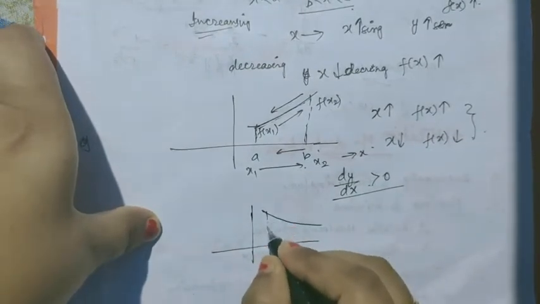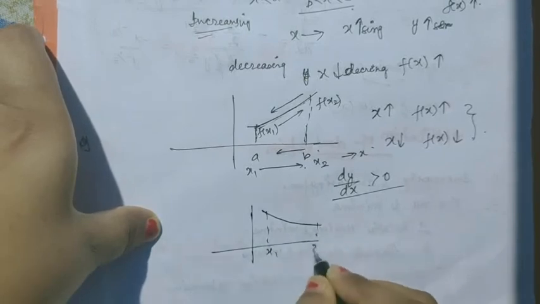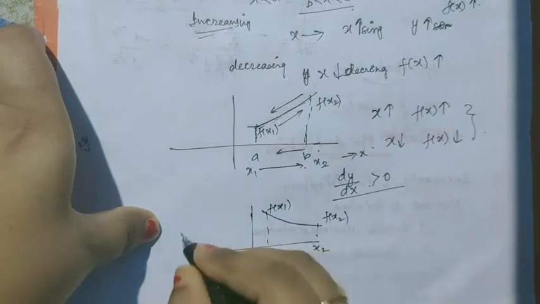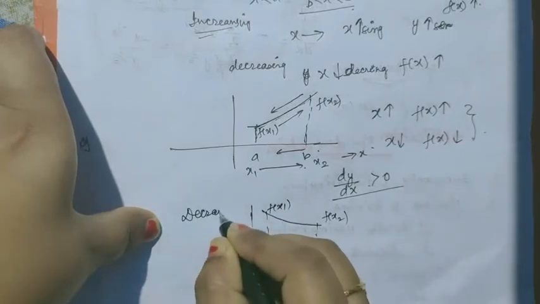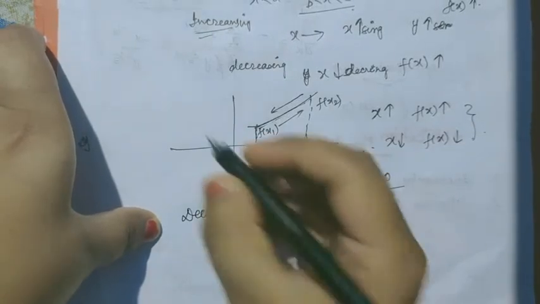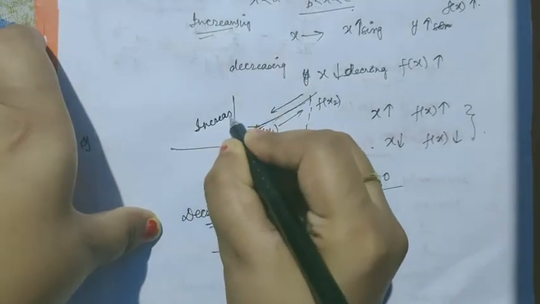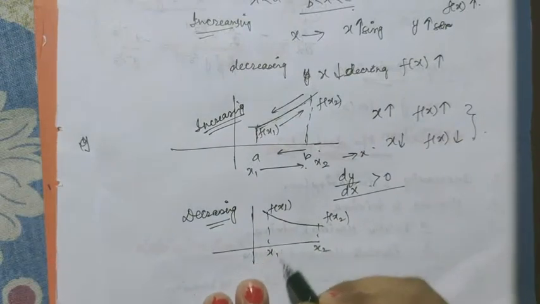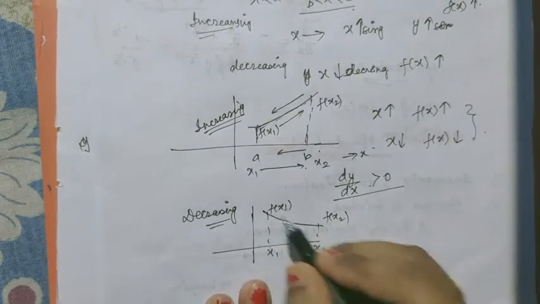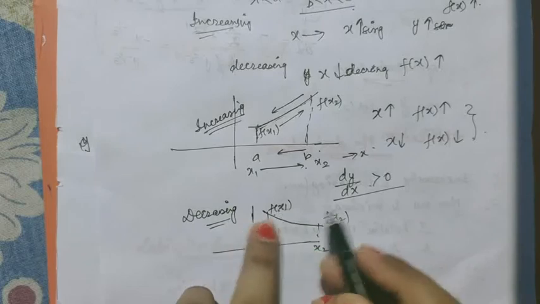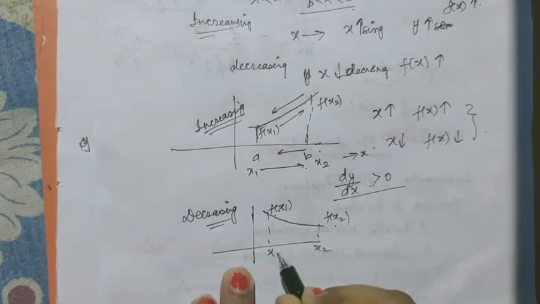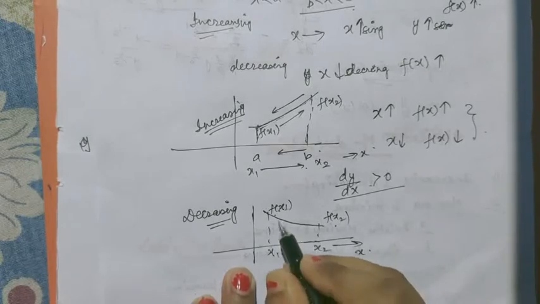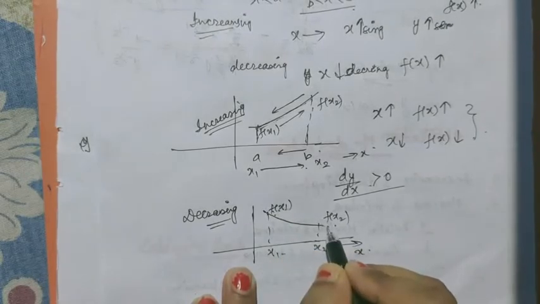Now for decreasing function, this is a decreasing function. This is x1, x2, fx1 and fx2. This was increasing. Okay, come here. At x1, fx1 is greater than fx2, means when we move from x1 to x2, fx is decreasing.